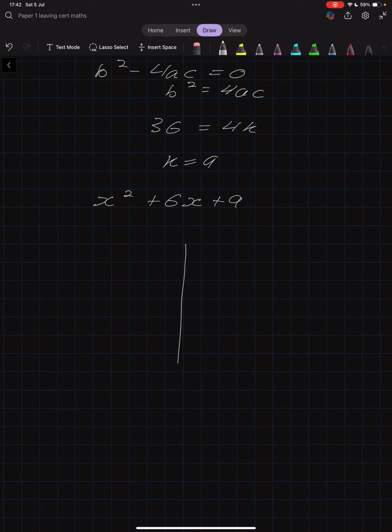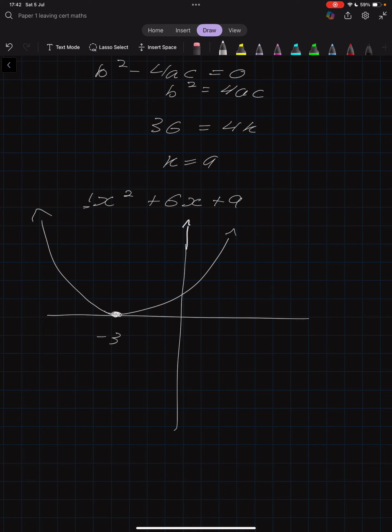We would get something like this. It's positive because you have 1x squared, so that's greater than 0, and therefore it's a positive facing quadratic, and your double root here is minus 3. You can check that using the minus b formula if you would like. I'm just doing this in my head to make time a little bit faster. Okay, so that's all that is.